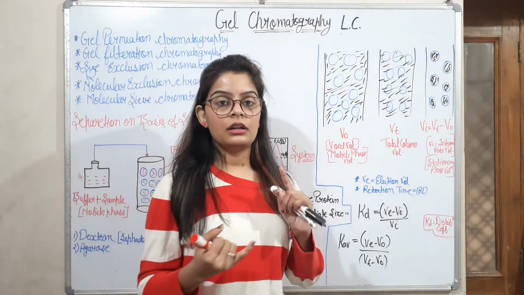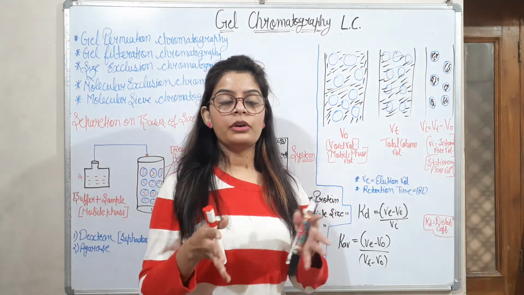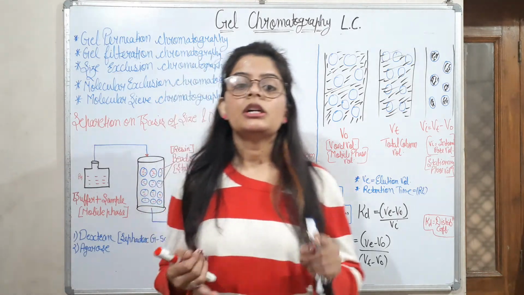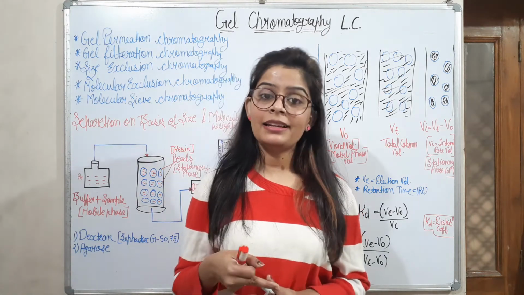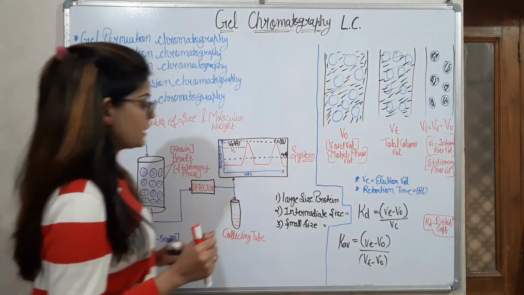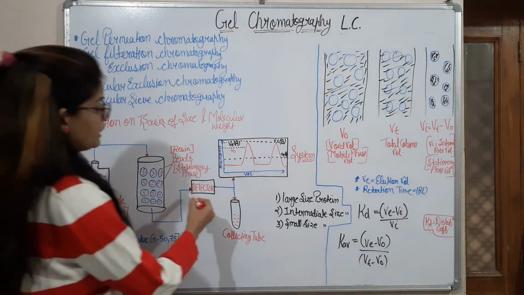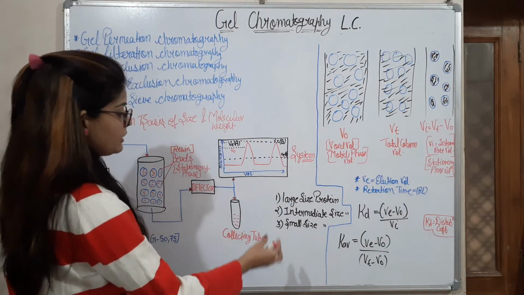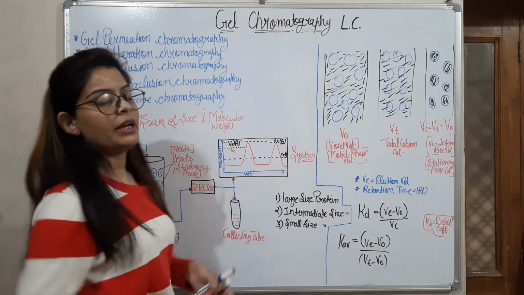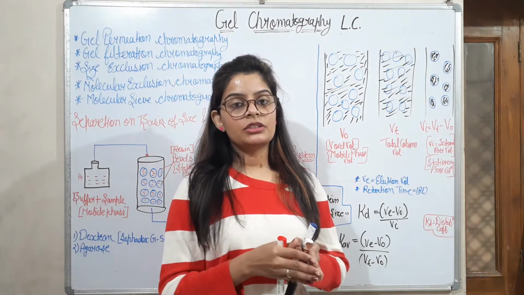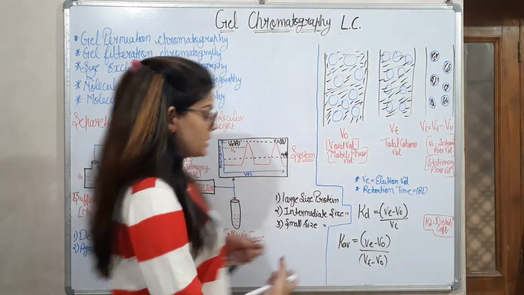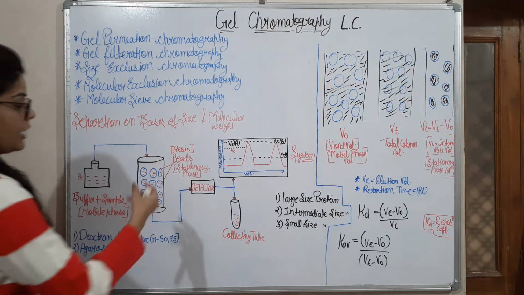If you have taken protein as your sample, first of all large size protein is collected, then intermediate size, and then small size protein. First large size protein comes and is collected, then we change the collecting tube and the intermediate size protein gets collected, and then you change the tube and small size protein is collected here.